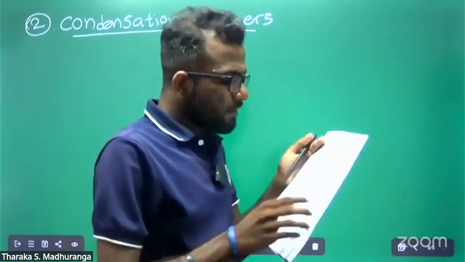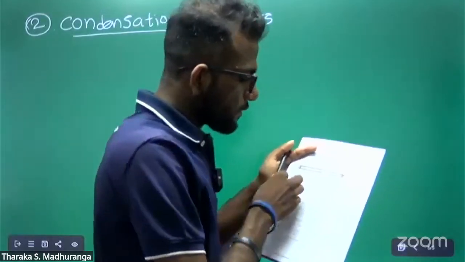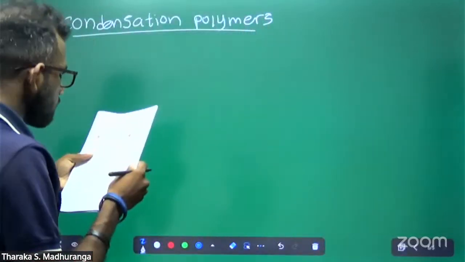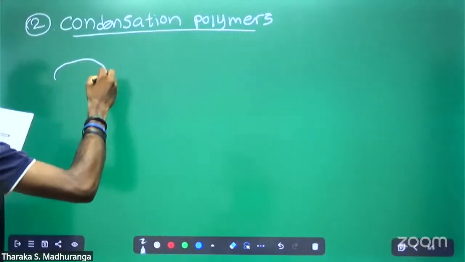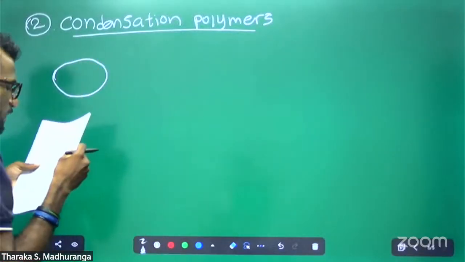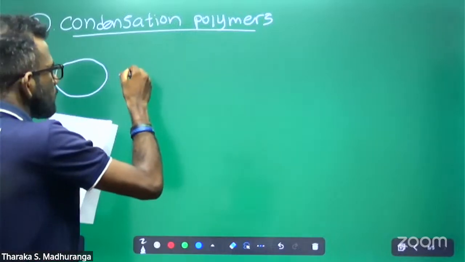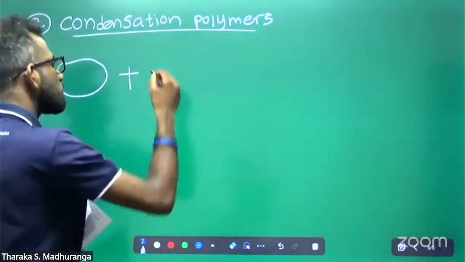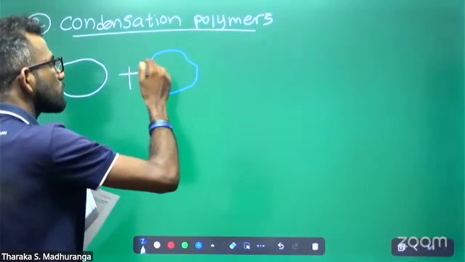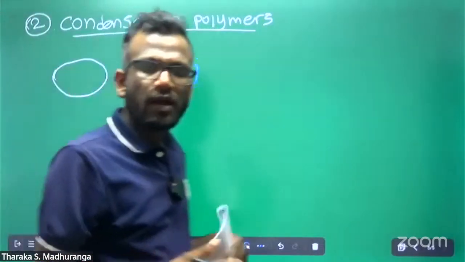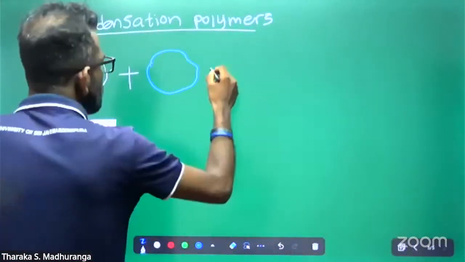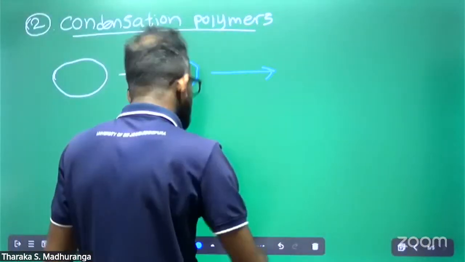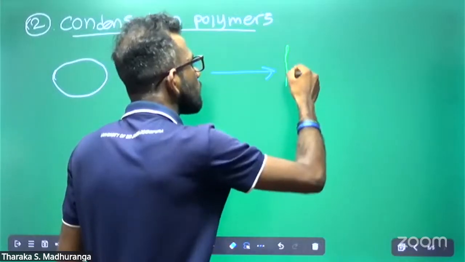Okay, I have given one example in the tute. You don't need to remember this structure, only the method. Think of two different types of monomers combined with each other, then producing another different type of polymer.